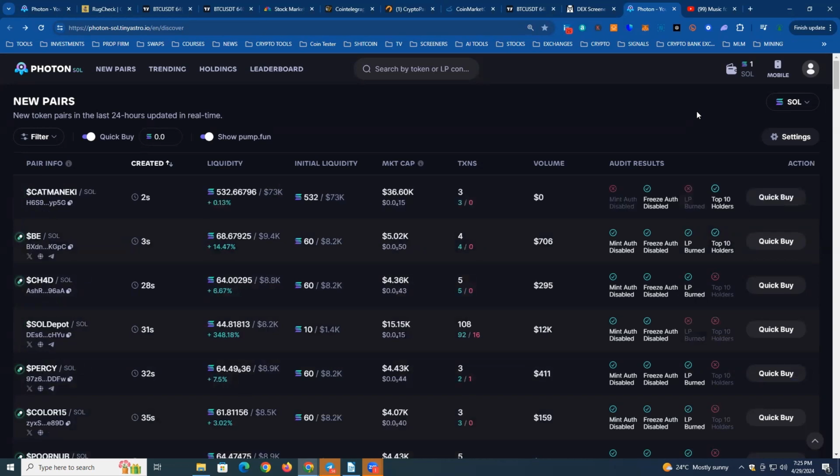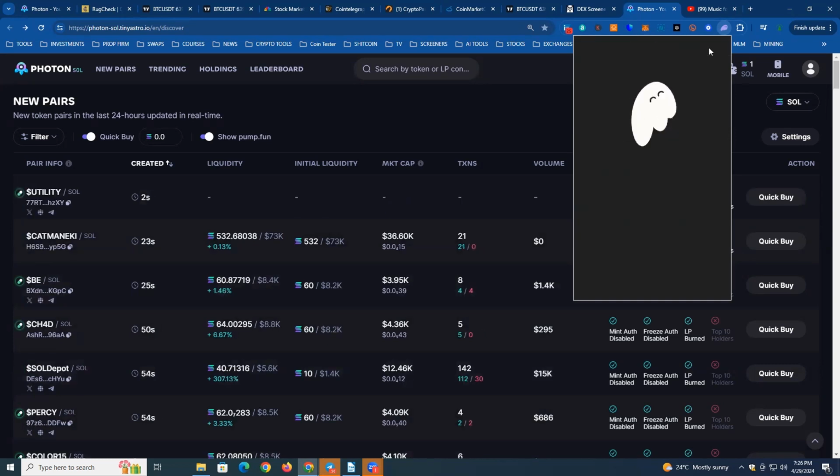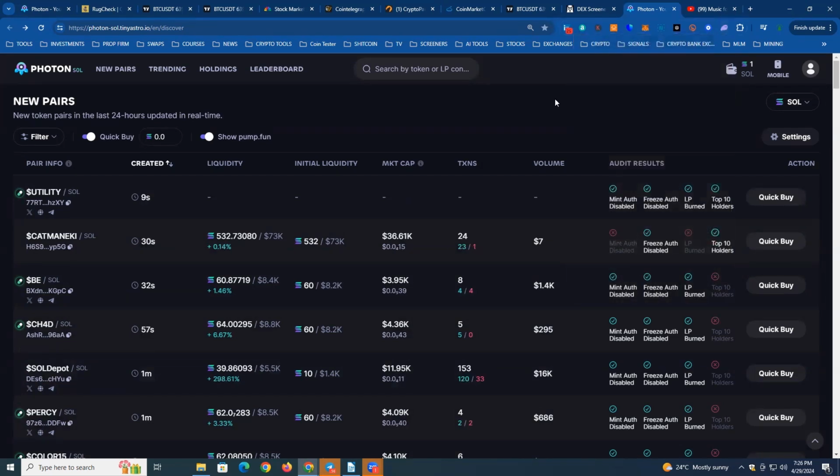And what you have to do initially, in order to use this platform, the first thing that you would have to do is you would have to place Solana coins into your Phantom wallet in order to trade on this platform.